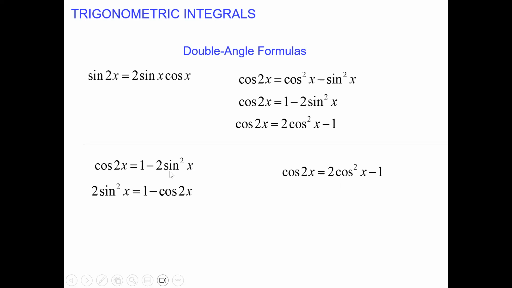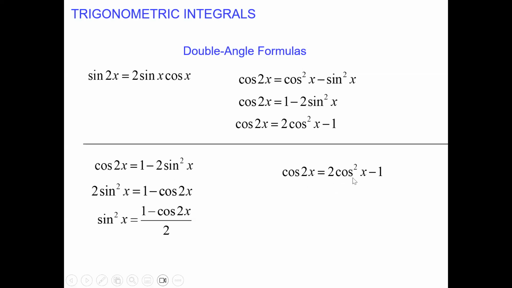Let's solve this equation. I will isolate sine square of x. That means sine square of x can be rewritten as 1 minus cosine of 2x over 2. So we may rewrite this as the formula above.